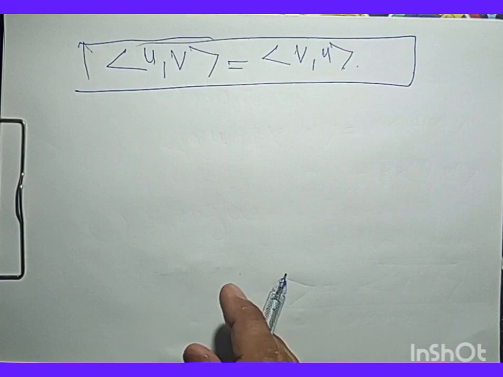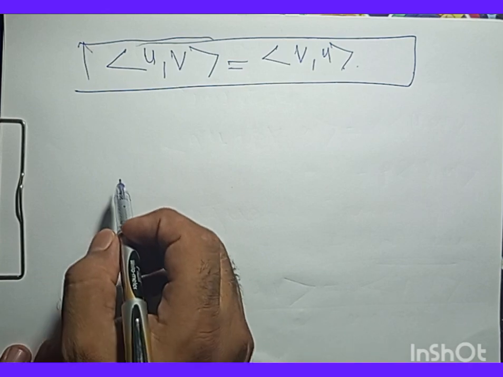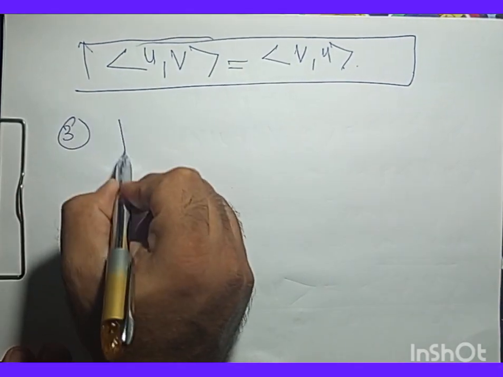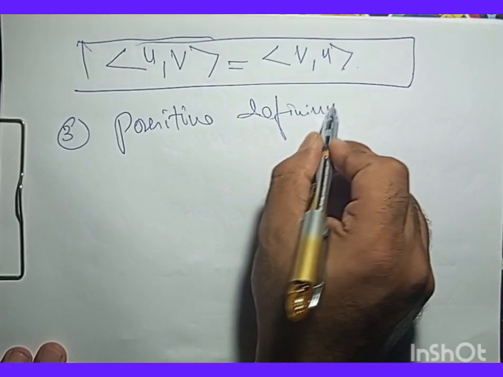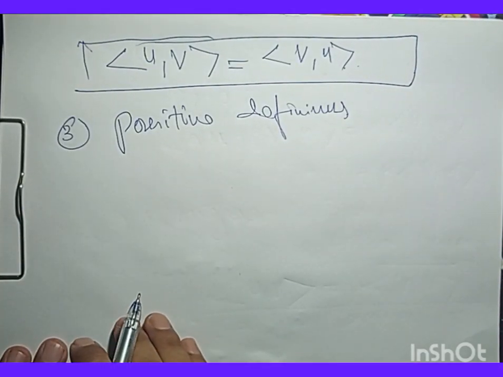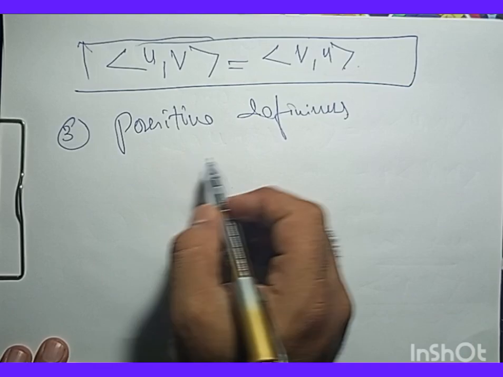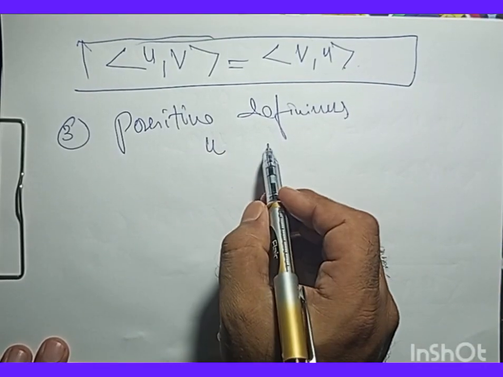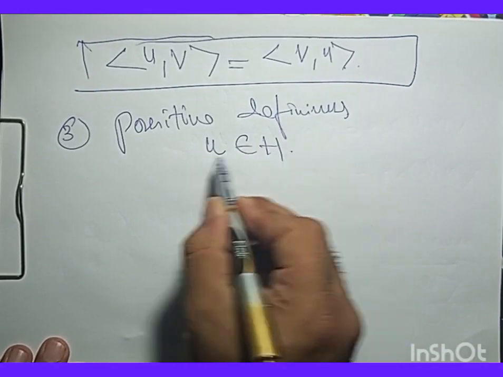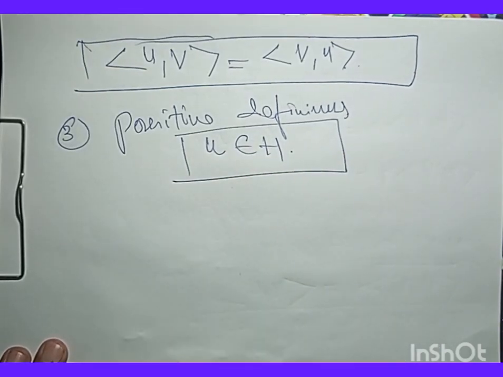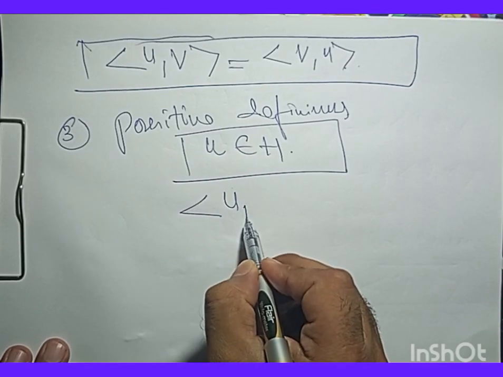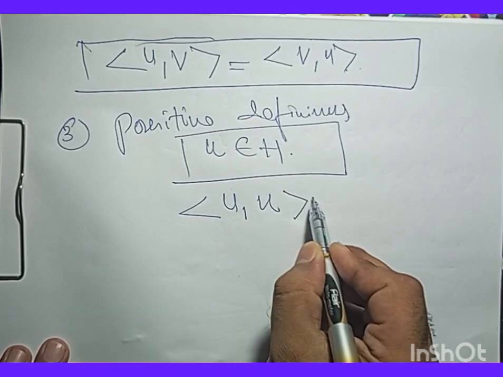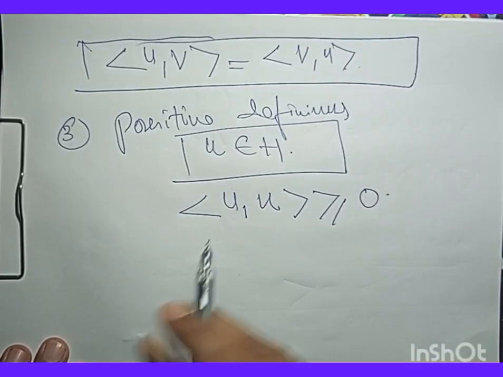Now, another important property is positive definiteness. If I have a vector, say u, that belongs to this Hilbert space H, and one should not take this H as the Hamiltonian, it's the Hilbert space H, then the inner product of u and u is going to be greater than or equal to 0.